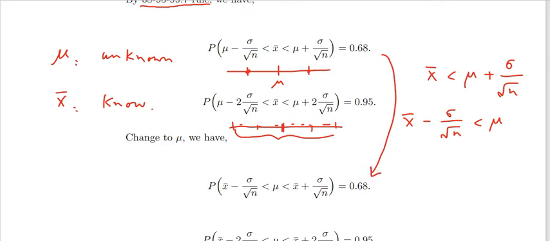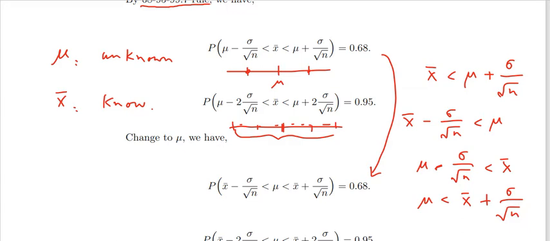So mu is larger than x bar minus sigma over radical n, or mu minus sigma over radical n is less than x bar. We can change this to mu less than x bar plus sigma over radical n, right?